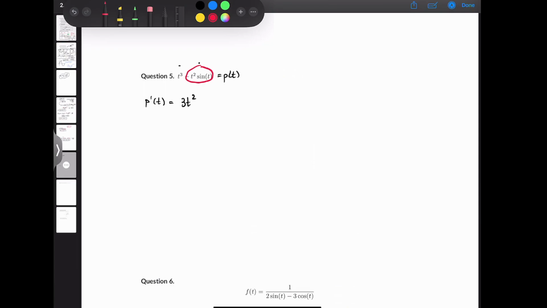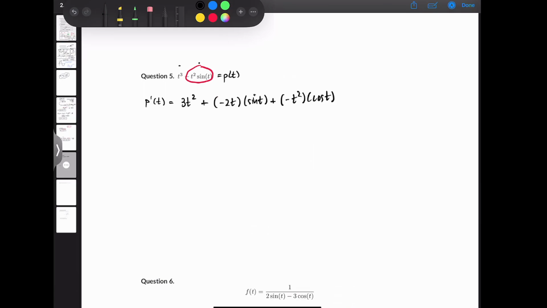This is a product of a power function and sine function. So again, I will want to set myself up with a product rule, and I will go ahead and take these derivatives. So f prime is negative 2t times sine t plus negative t squared times cos t, derivative of the second function.